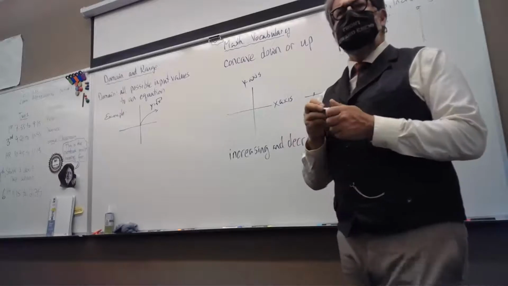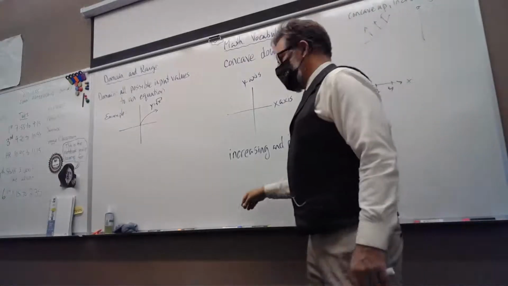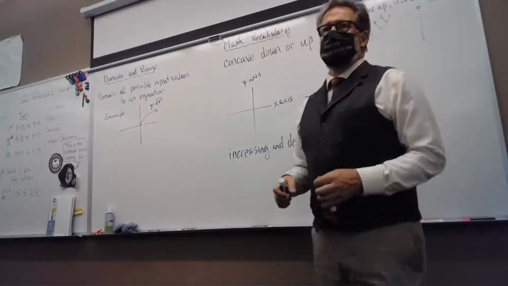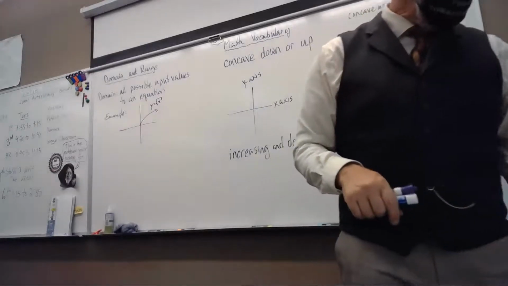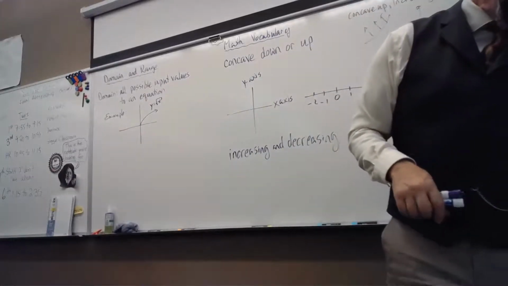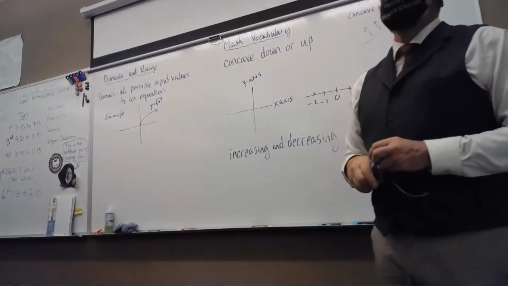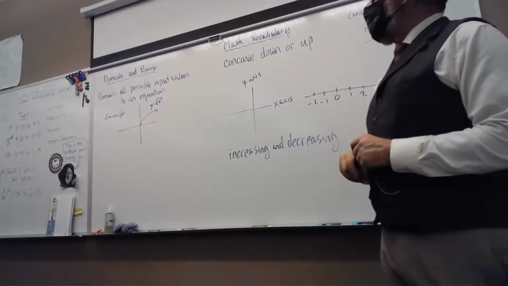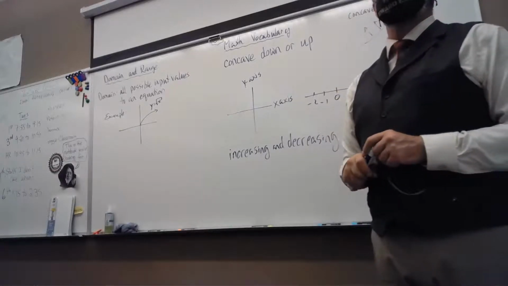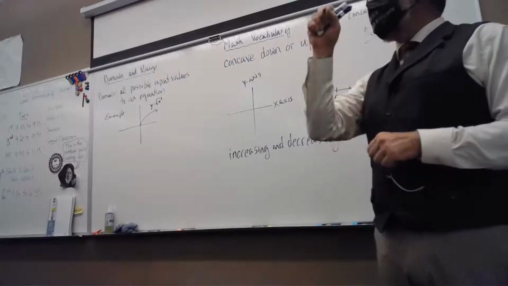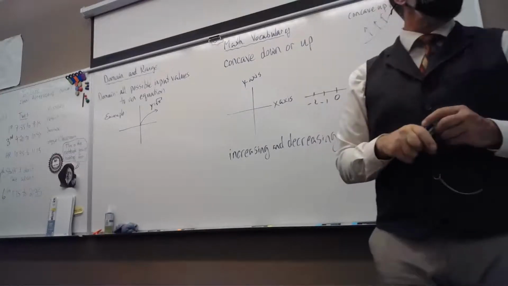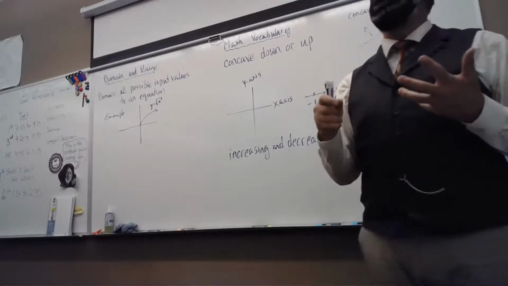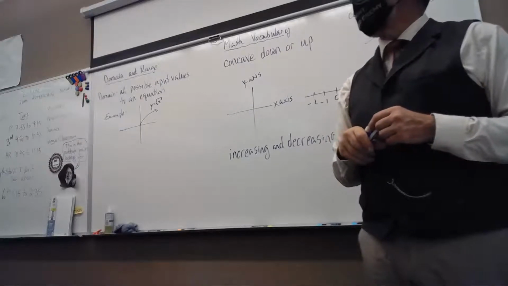So when I'm looking at the graph, what I'm thinking about is, if I look at all the points on the graph, what are the x values of those points?